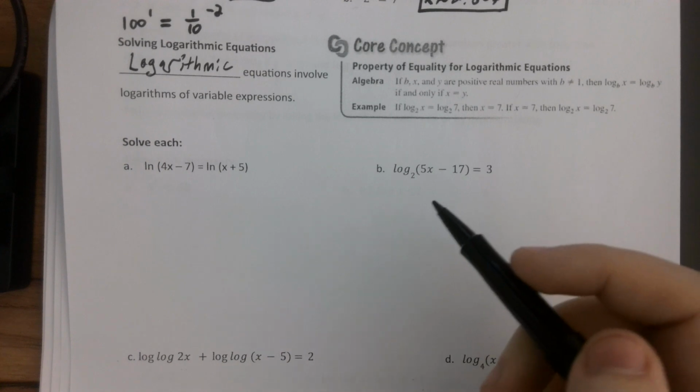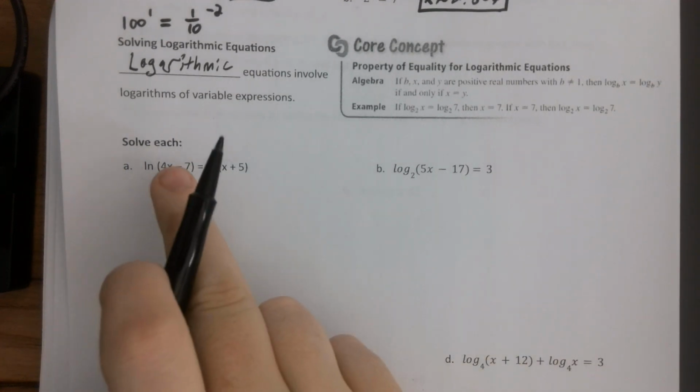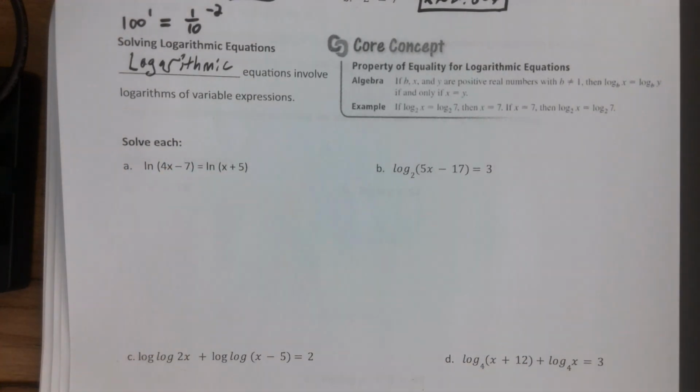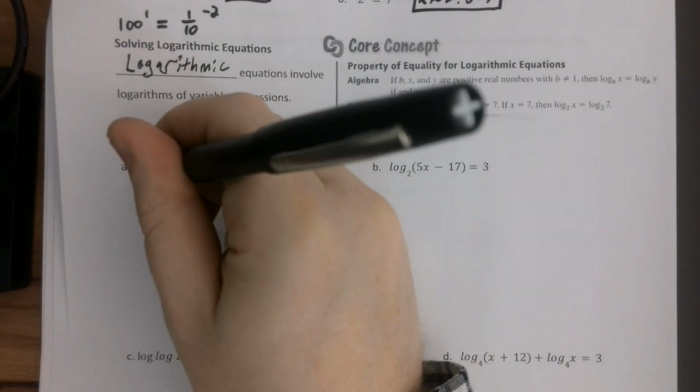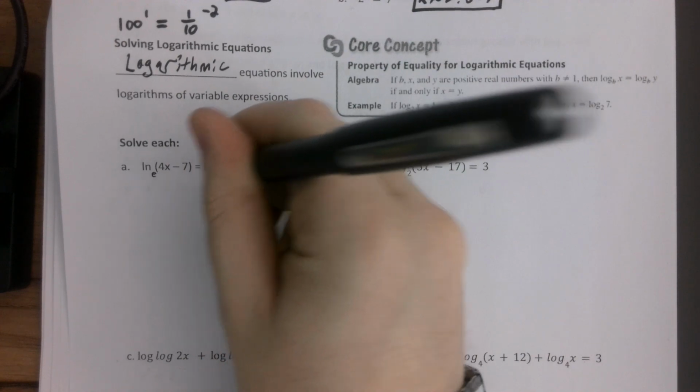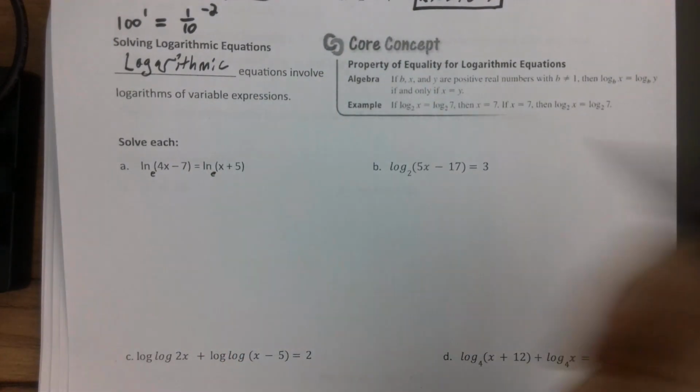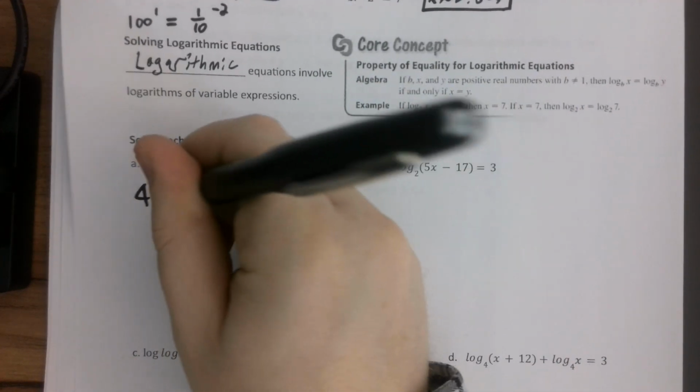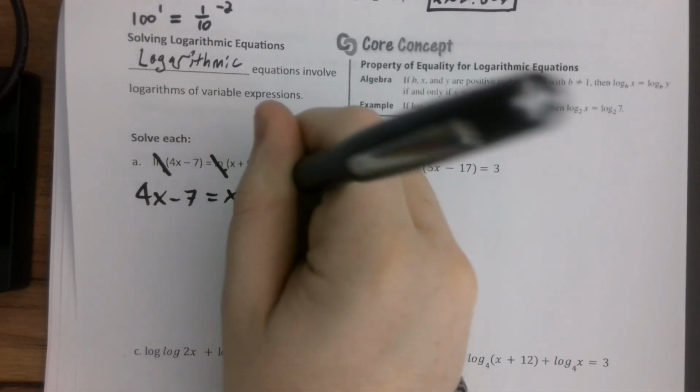Let's take a look at A. We have the natural log of 4x minus 7 equals the natural log of x plus 5. It's a natural log with the same base as another natural log, because these bases are both e. We can just slash out the natural logs and be left with 4x minus 7 equals x plus 5.